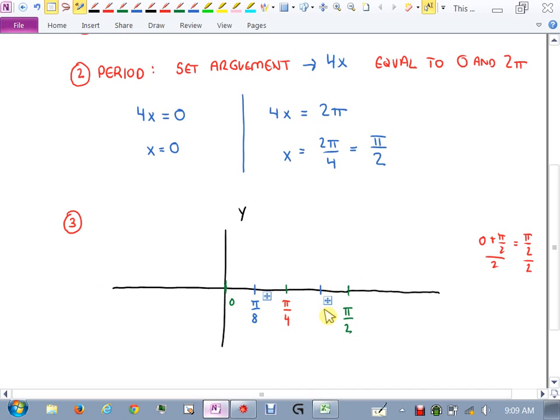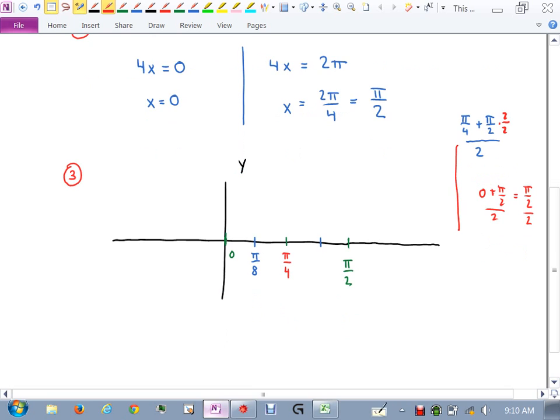How about the one right in here? I'll show the work on that one. I'm doing pi over 4 plus pi over 2. I'm dividing that whole thing by 2. So how am I going to add these two together? Common denominator. So I need to get 4s on both of these, so I need to multiply top and bottom of that pi over 2 by 2.